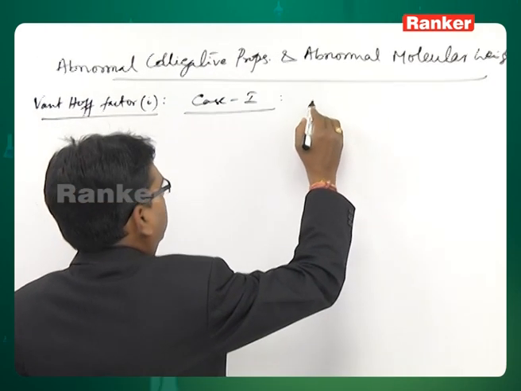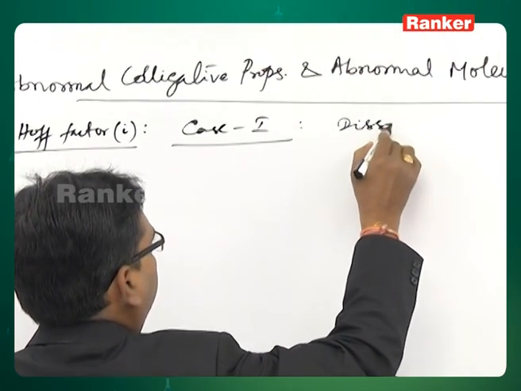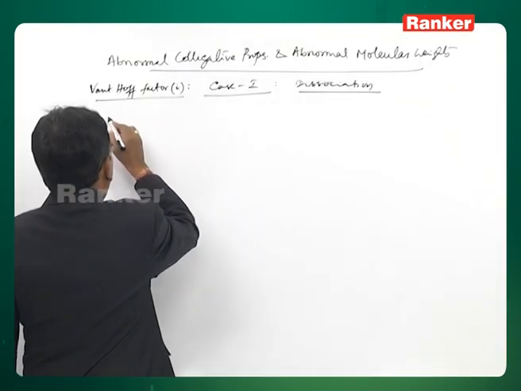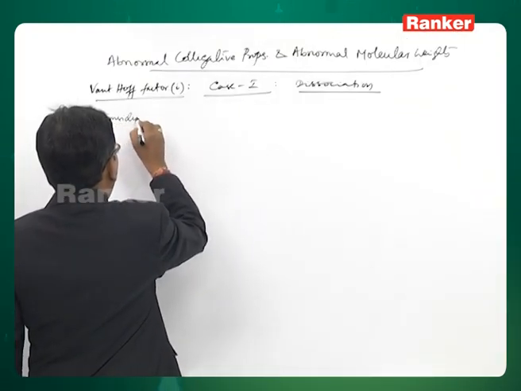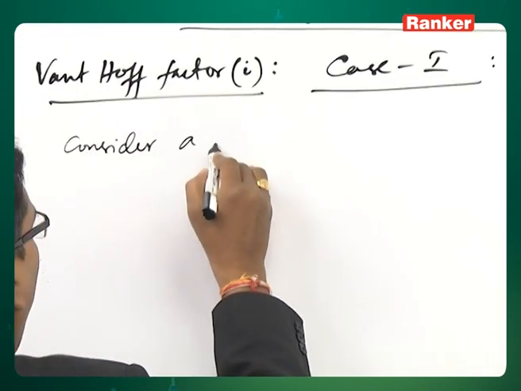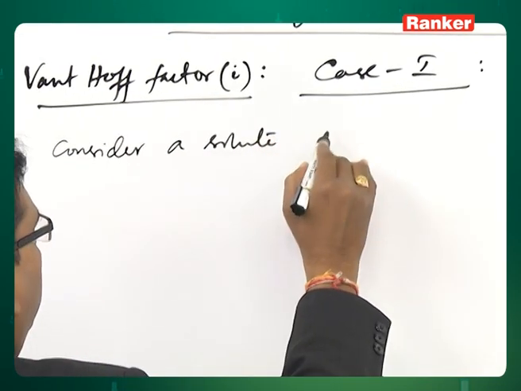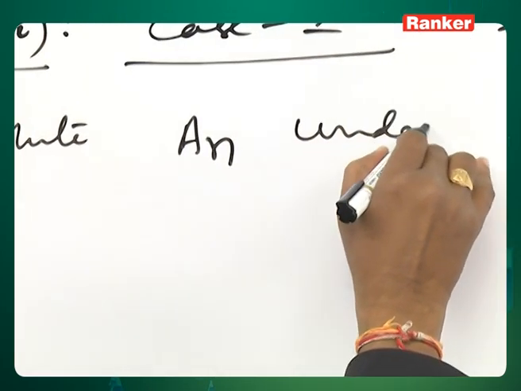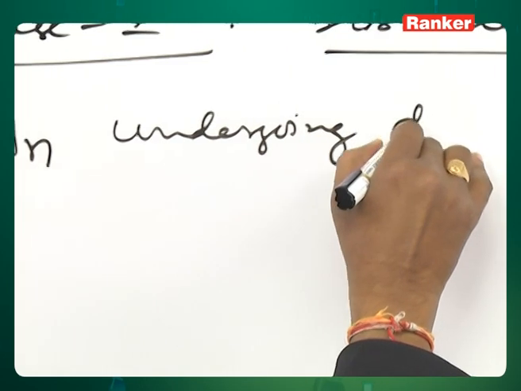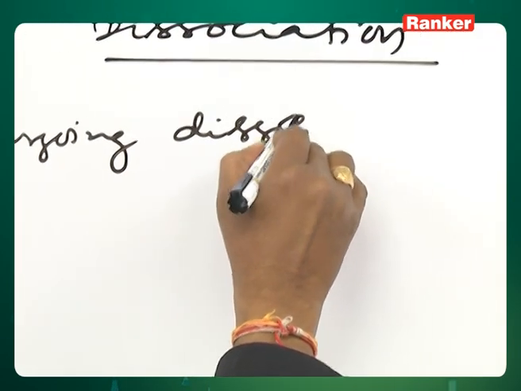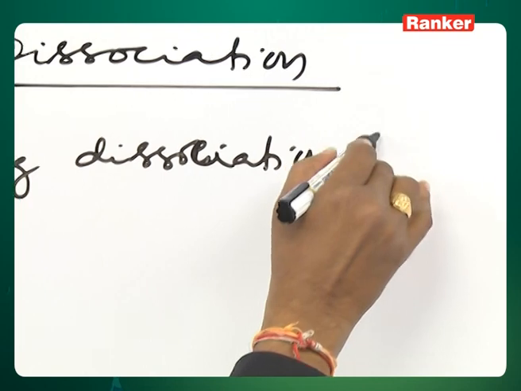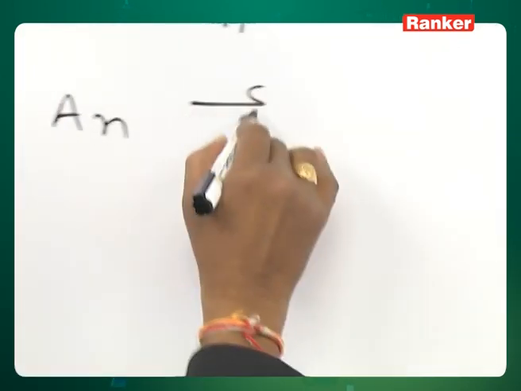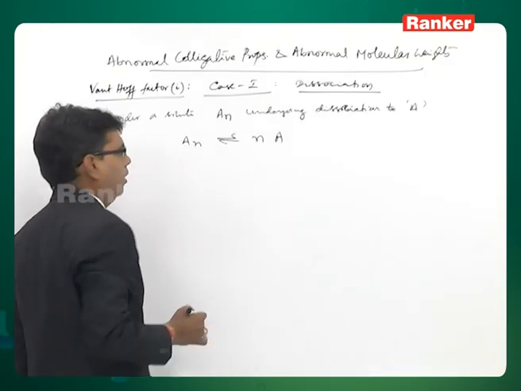Now, take the case of a solute undergoing dissociation. Consider a solute A_n undergoing dissociation to n A, that means A_n dissociates to nA.